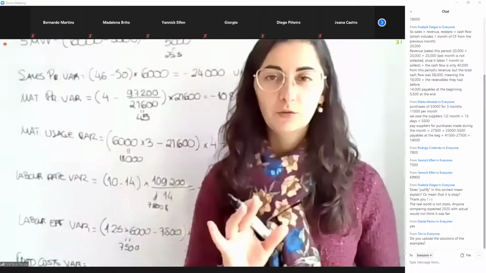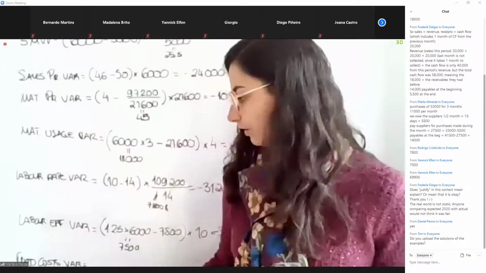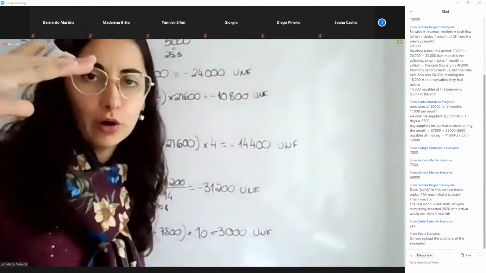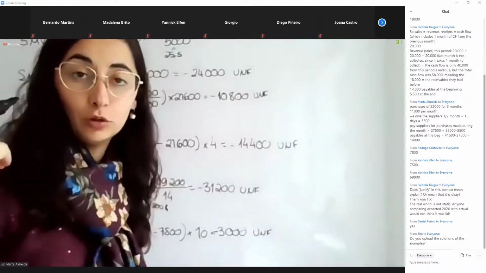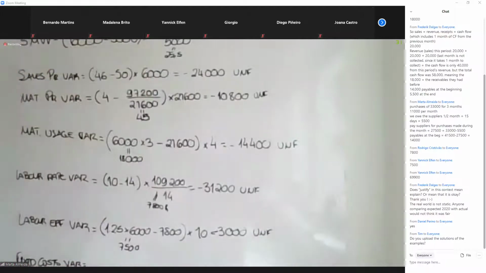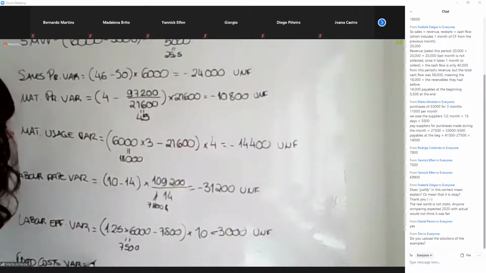We just make the difference and we get the variance. Okay, so all of the fixed costs are those costs in the P&L below the contribution margin. Those are all of the fixed costs that we have. So for the budget, so is the budgeted fixed costs.